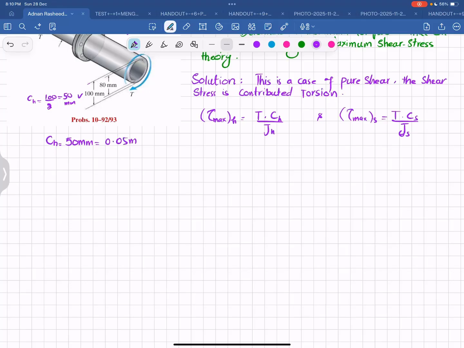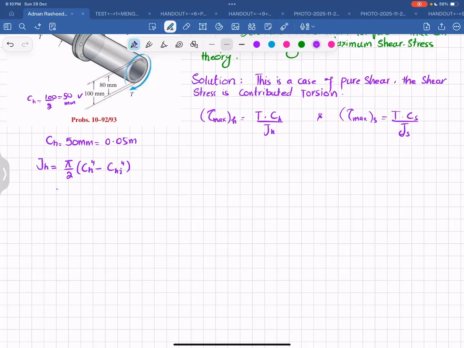Okay, now for Jh, polar moment of inertia of hollow shaft, the formula for this is pi by 2 times Ch to the power 4 minus C inner to the power 4.